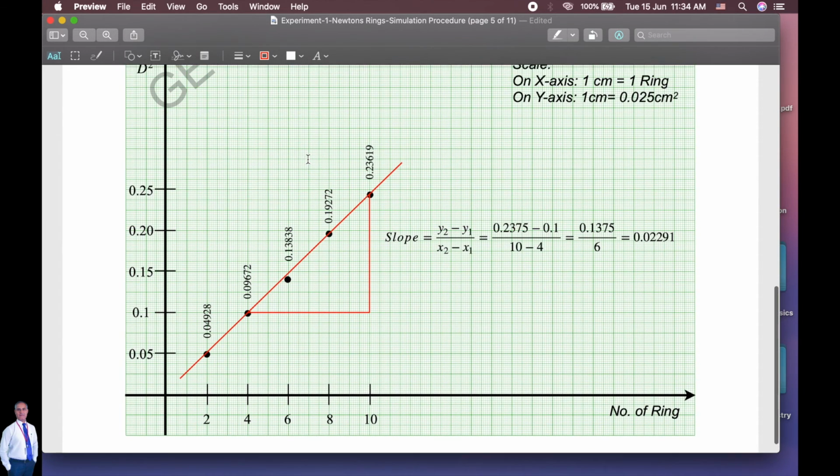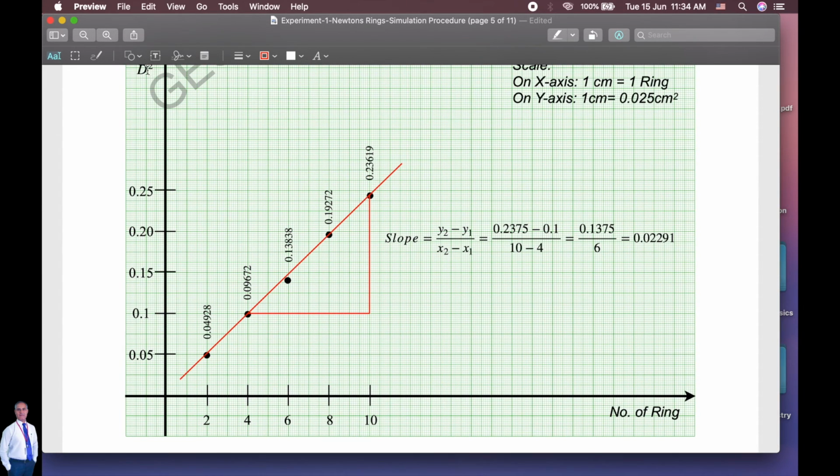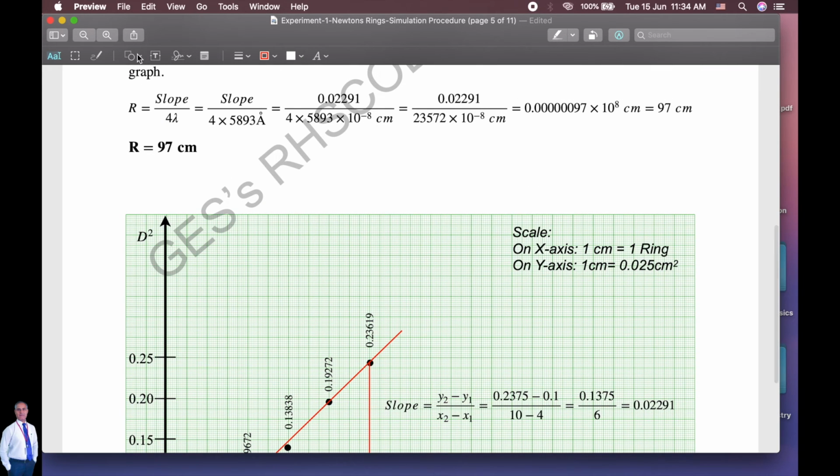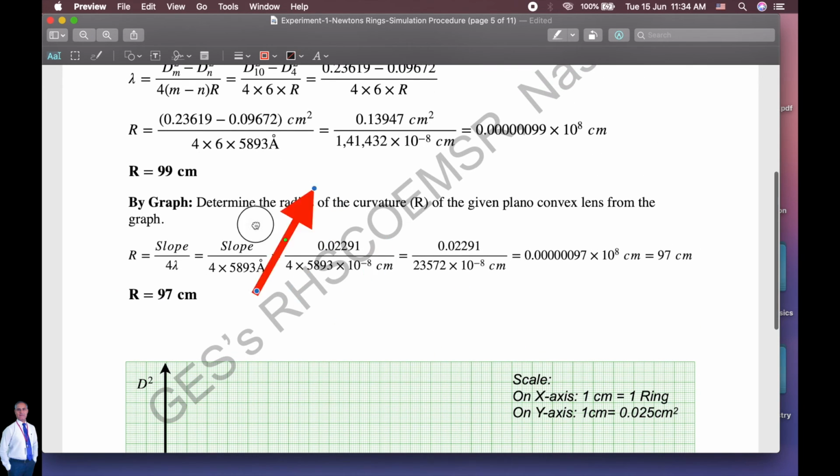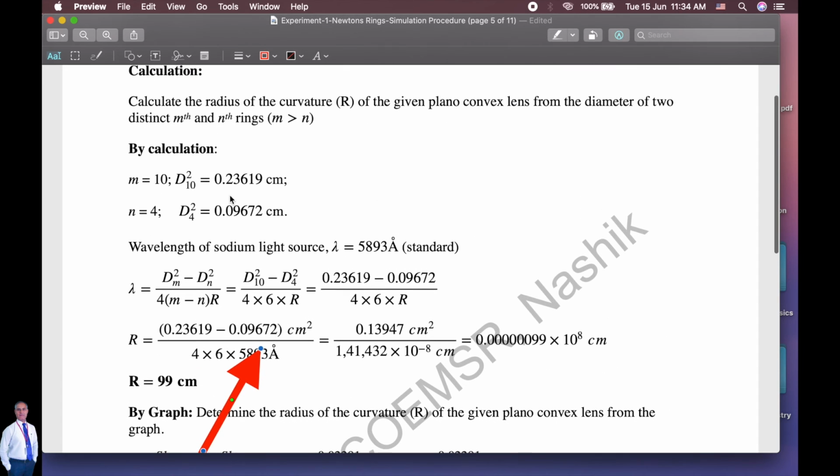Let me take the pointer. One second. So this is the one sample calculation I have mentioned here. You can take any number of rings, from starting 1 to 20 or 1 to 10 or whatsoever.